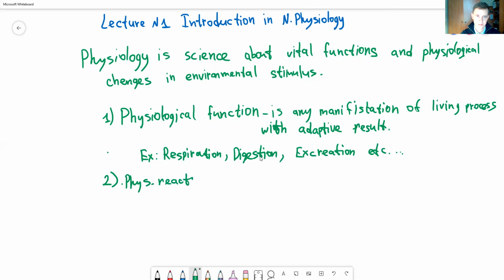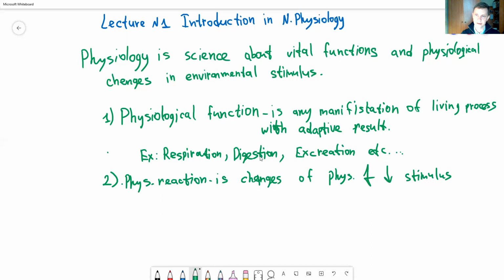A physiological reaction is the change of physiological functions under the action of a stimulus. Changes of the physiological functions under the action of the stimulus.